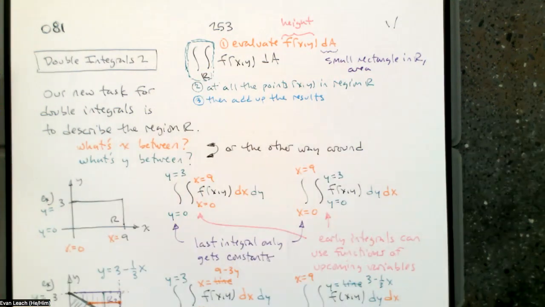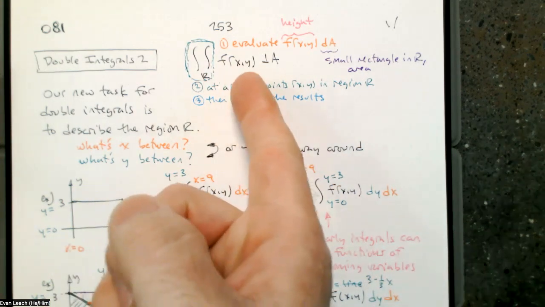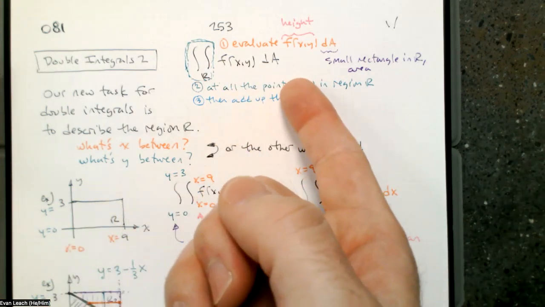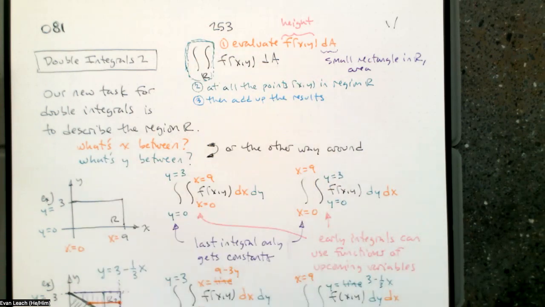Right now, life is pretty easy. We just describe what's x between and what's y between. When this eventually gets upgraded to a function of 3 variables, x, y, and z times dV for volume, I'd have 3 integrals. We're going to do the same thing: what's x between, what's y between, what's z between.